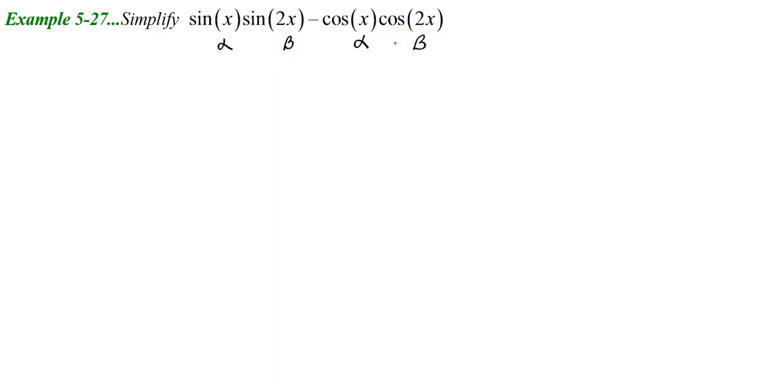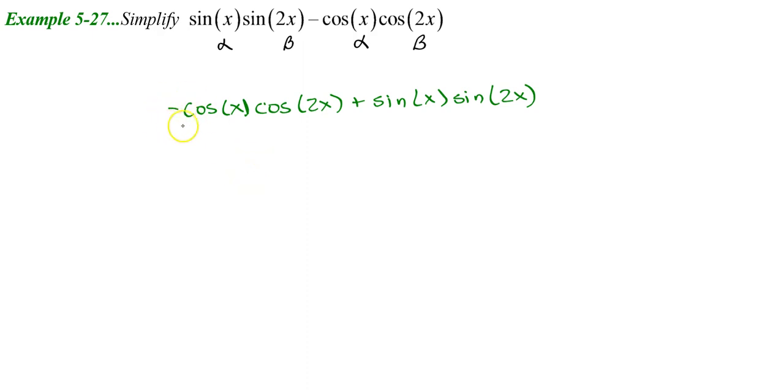So I need it to look exactly like what's on my formula sheet before I can use my substitutions. So I'm going to rewrite this for a minute here, and I'm going to make this negative cosine of x, cosine of 2x, plus sine of x, sine of 2x. So now the cosines and the sines are in the right position.